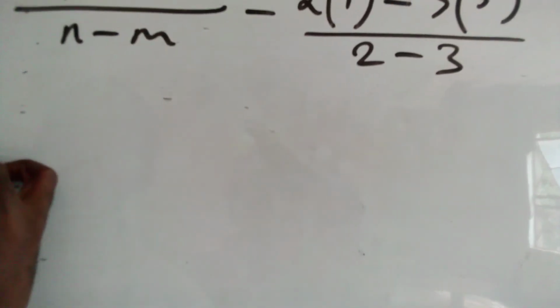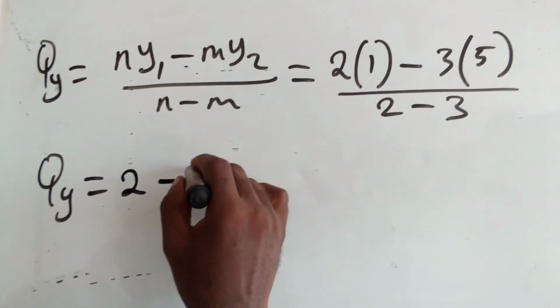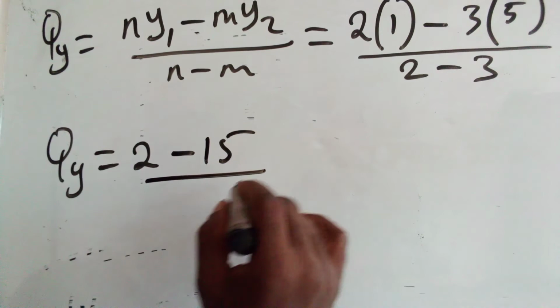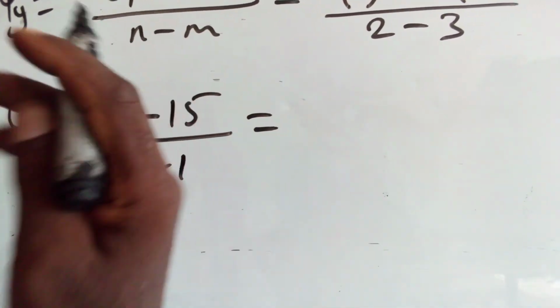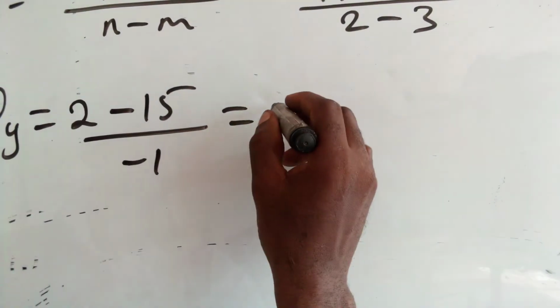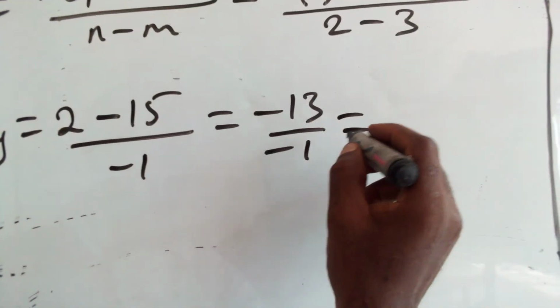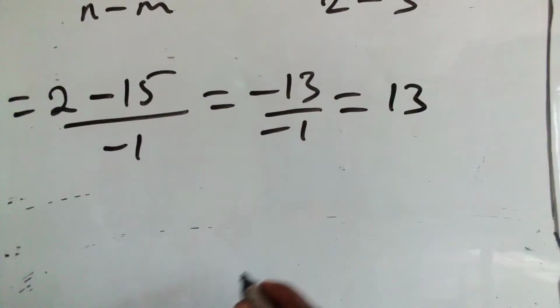So it's going to give you 2 times 1 is 2, 3 times 5 is 15, all over minus 1. 2 minus 15 is minus 13. Minus 13 over minus 1, which is 13.